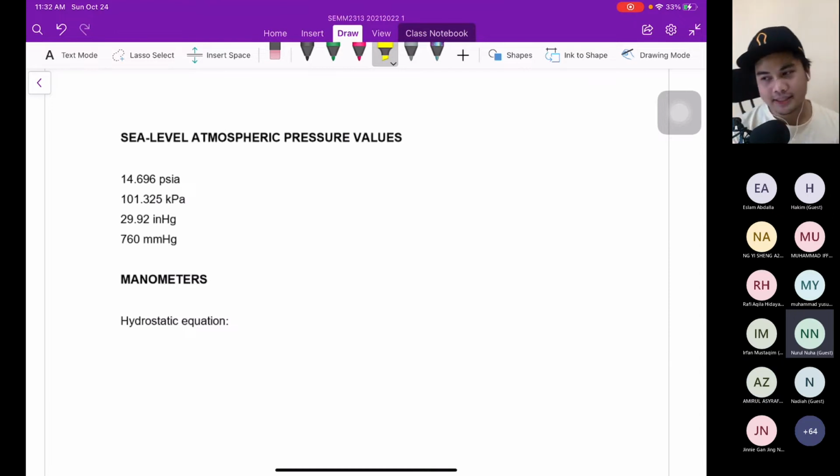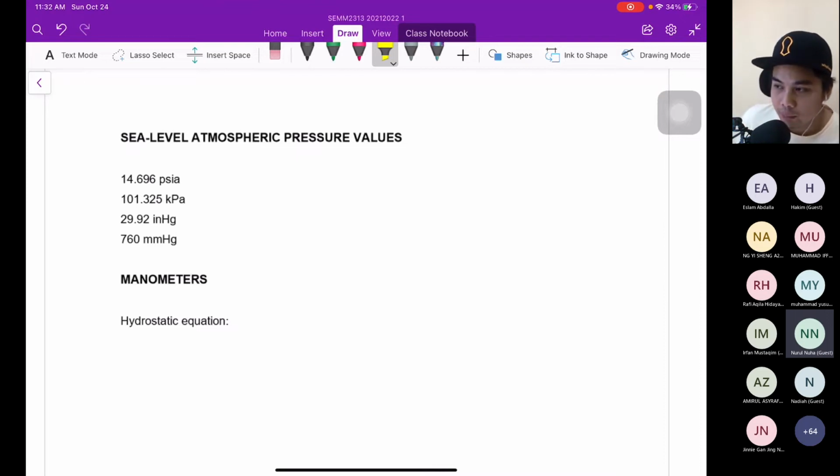So that is why we consider sea level as our reference line. Based on this reference line, the atmospheric pressure at sea level is measured as 14.7 psia, pound per square inch absolute. You can see A refers to absolute.